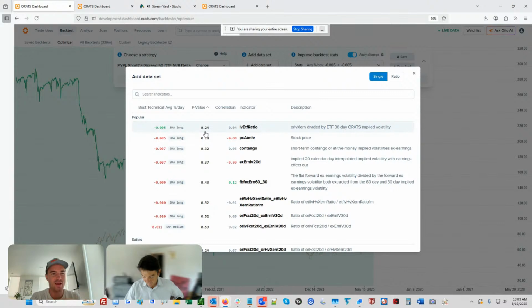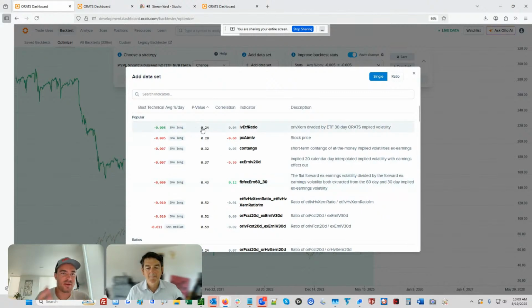Yeah, so just to clarify, this p-value is pre-calculated. We actually calculate these values on the left, these metrics, before you add them to the graph. They're going to be the same once you add them as they are in this pop-up here. Most software tools don't do that, I feel like, so that's important to clear up. The p-value measures the likelihood that this indicator reaches the average percent per day metric on the left by chance.